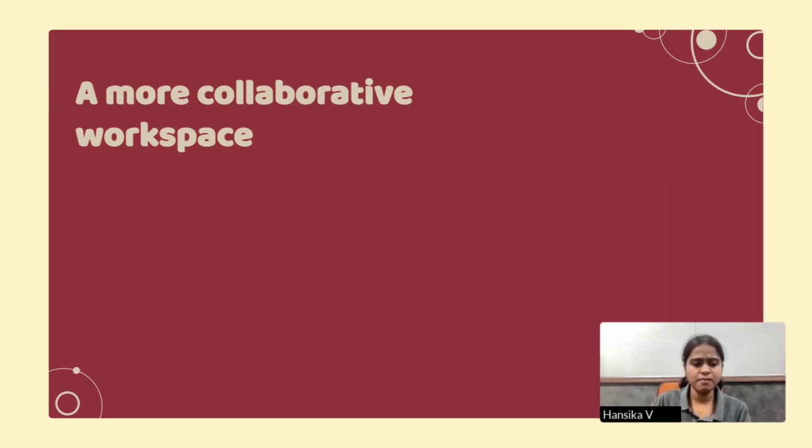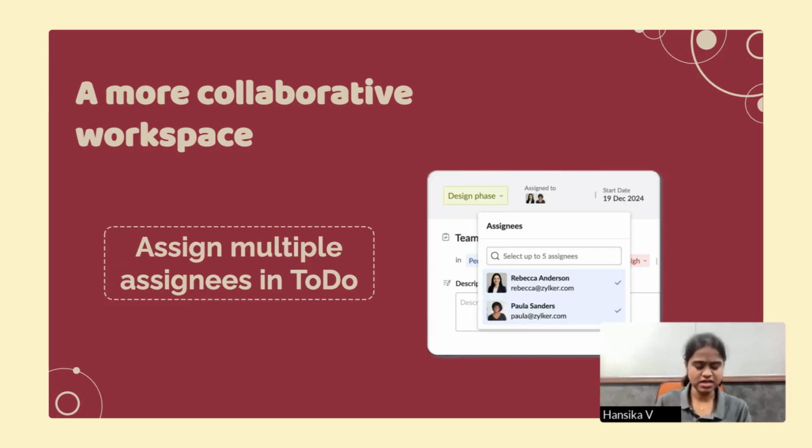You'll be able to assign multiple assignees to a task in the To-Do space. A task often involves more than one person, right? And now your to-do list can reflect that. You can assign a task to multiple team members, where you can ensure that everyone stays aligned, accountable, and updated.